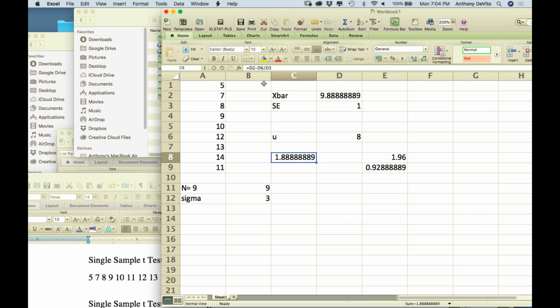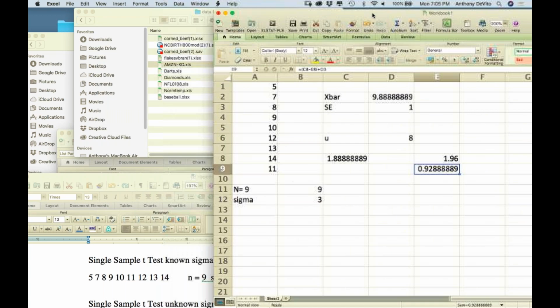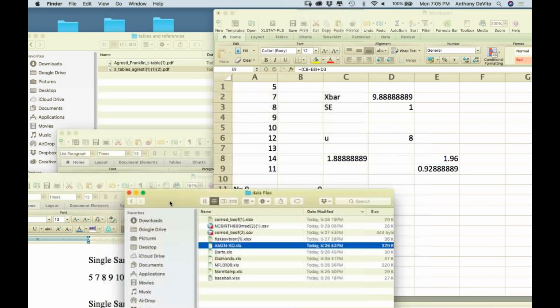Did I get that right? Yeah, nope, hang on a second. I'm confusing the issue here.